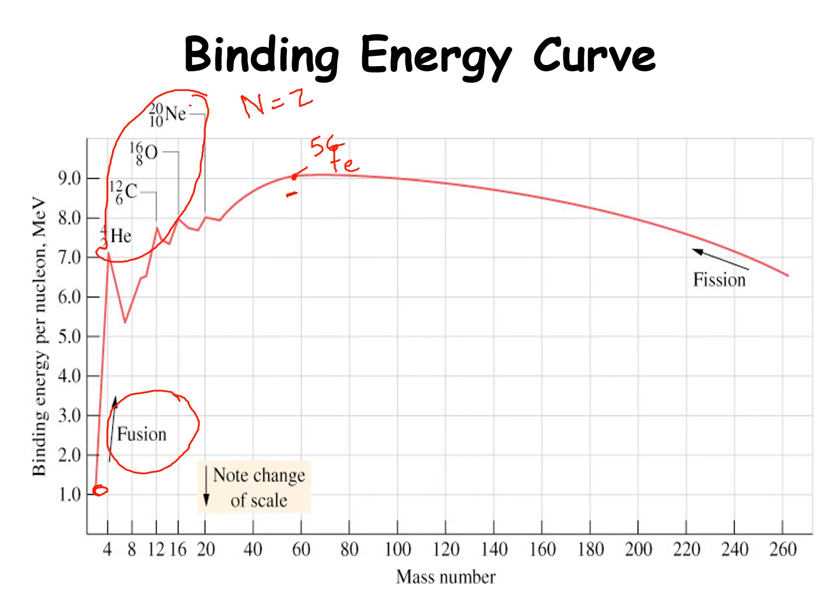Heavier nuclei go through the process of fission. They break up into lighter nuclei, and then they move towards the stability point. So fusion and fission are the two important processes that are explained by this curve to explain the stability of the nuclei.